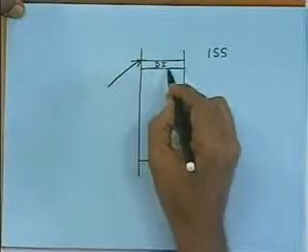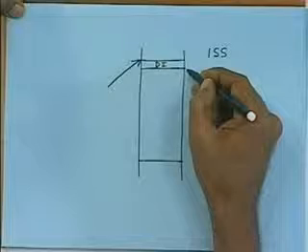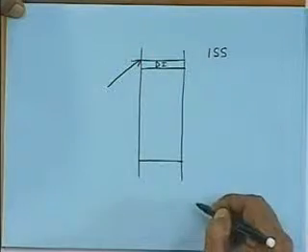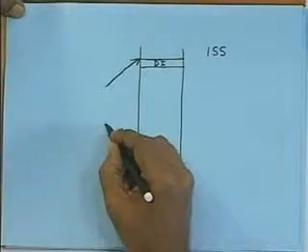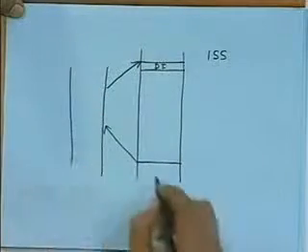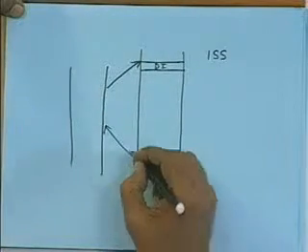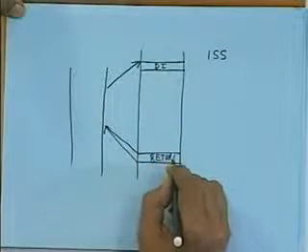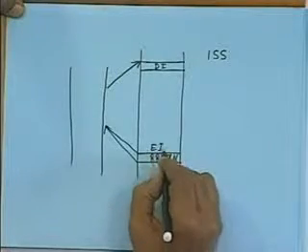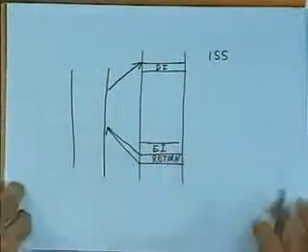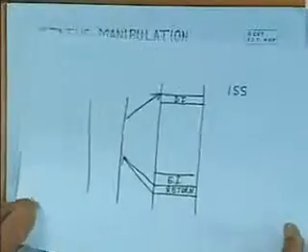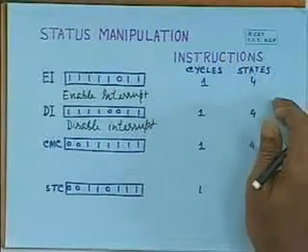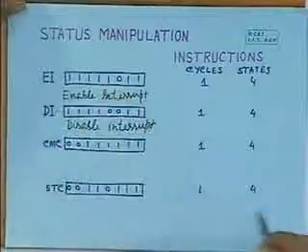If you execute a disable interrupt instruction, no interrupt will be accepted after this instruction is executed. However, as you go out of this and return to the main program, before the return you should execute the enable interrupt instruction. So you see, because of this, the status of the microprocessor is changing. However, you are not performing any other operation by using these instructions.